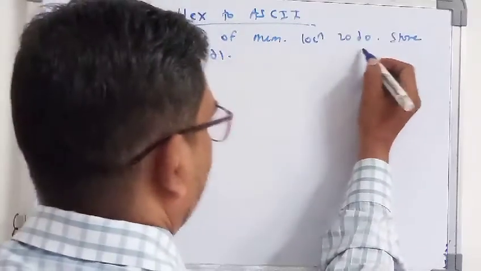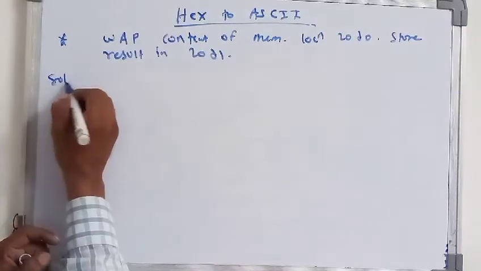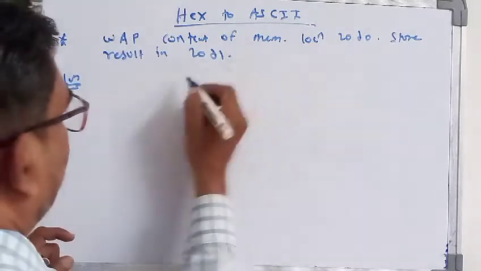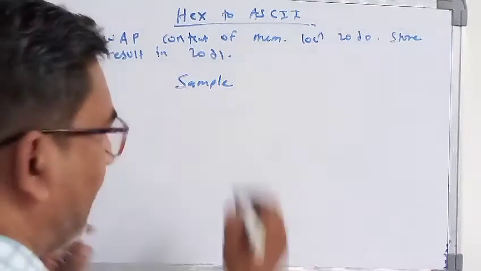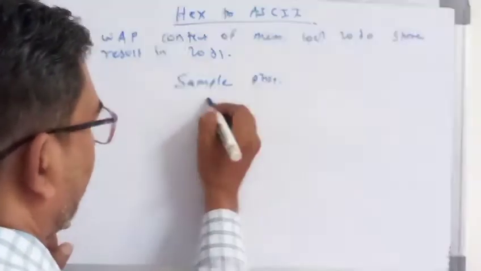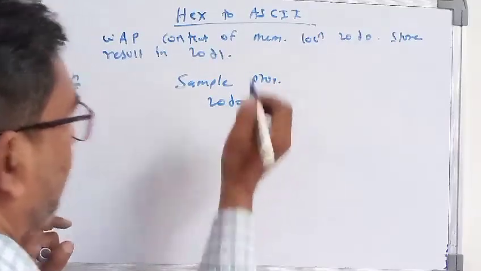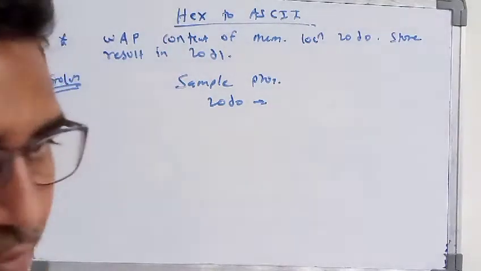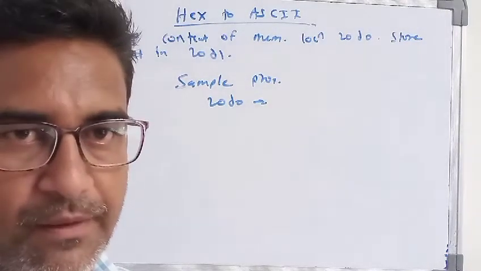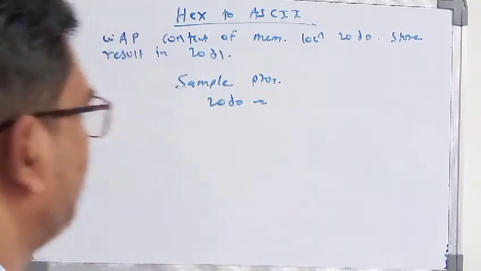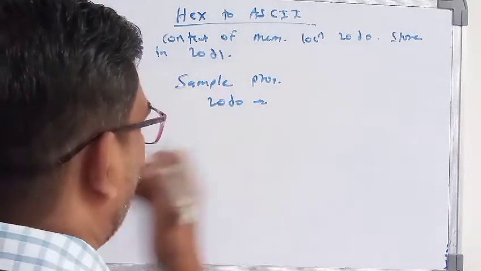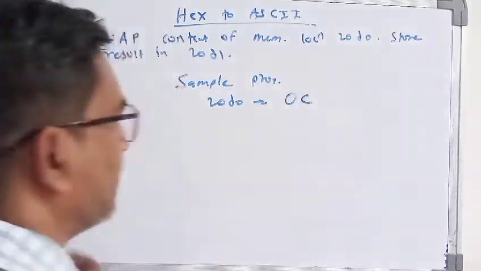What will the number be? We will see here. We have to write a sample program. In 20D0, what number will be stored? Take any number, suppose it is 0C.